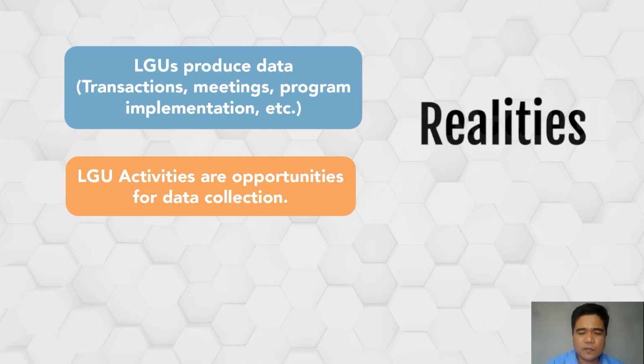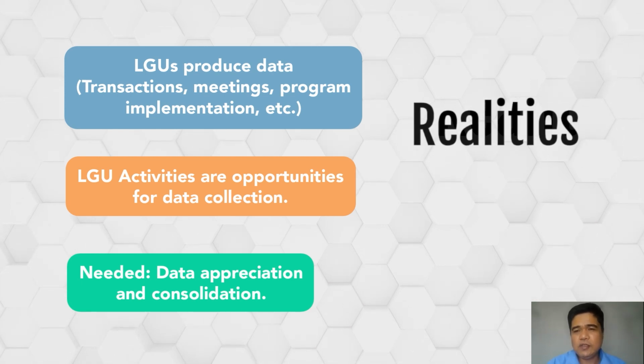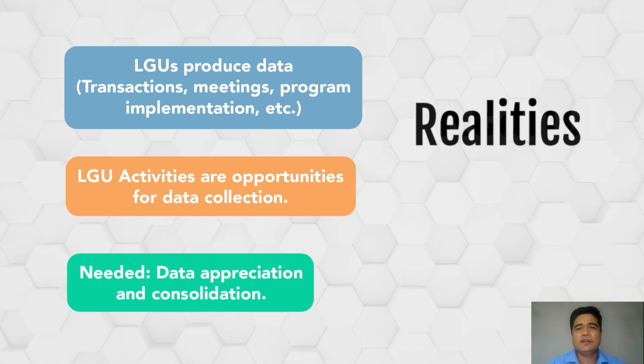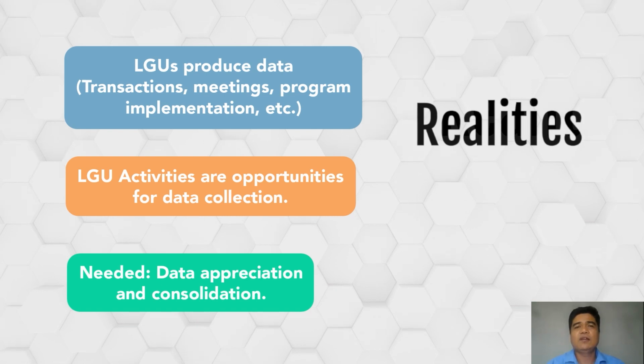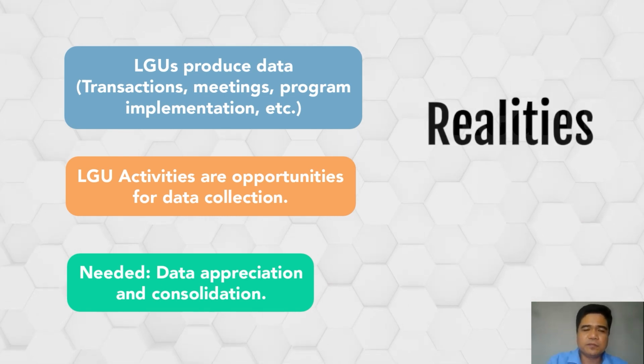Buntis Congress of the rural health units, for example, can be used to generate the socio-demographic profile of households, particularly of households with pregnant women and lactating mothers. What is needed, therefore, is for LGUs to appreciate what is available, the data available, and consolidate the same.